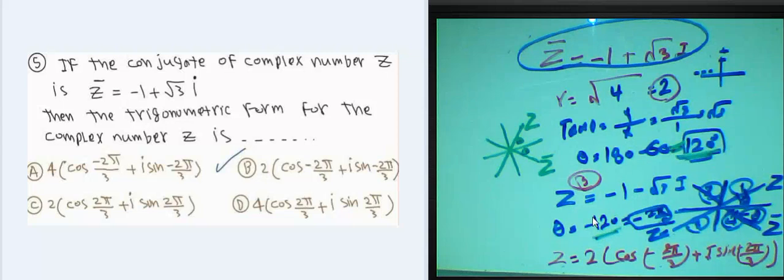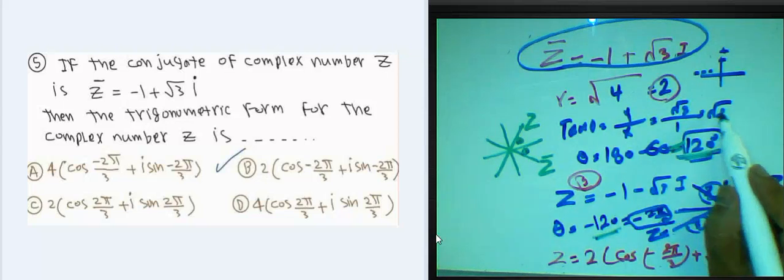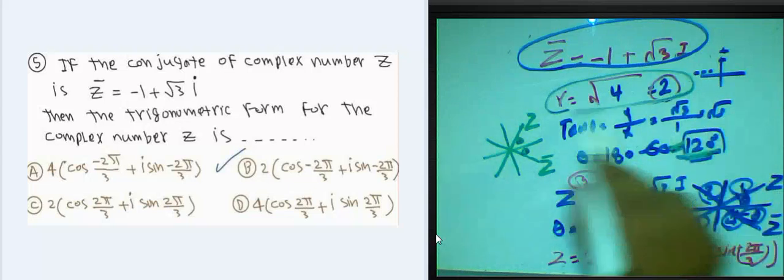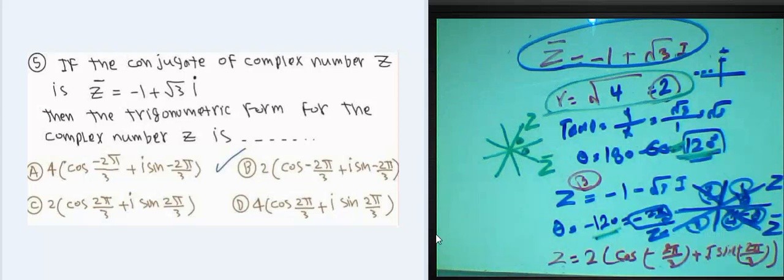And the length of the side of z, r, equals 2. Don't change the r, but we must change the angle. It will be negative 120, which is negative 2 pi over 3. Then we must choose letter B for this example.